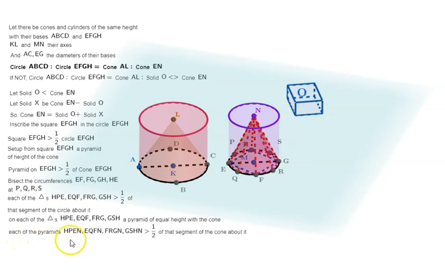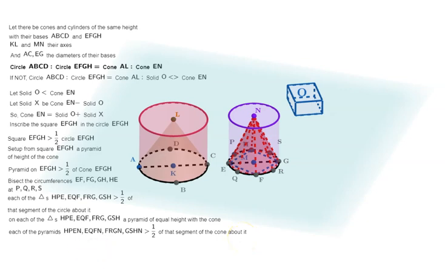So that means each of the pyramids that we have, HPEN, EQFN, FRGN, GSHN, is going to be greater than half of that segment of the cone about it.